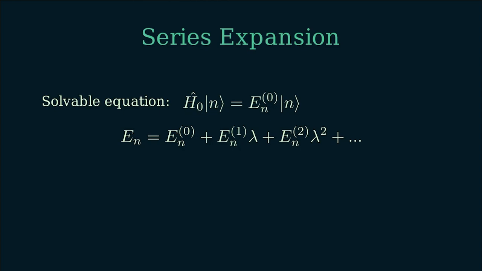Just to avoid any confusion, let's make sure we understand what the different Hamiltonians are. In this video, we'll be referring to three different H-hats. H0 is the exactly solvable Hamiltonian. This is the good guy. We can find an analytical solution for this Hamiltonian.